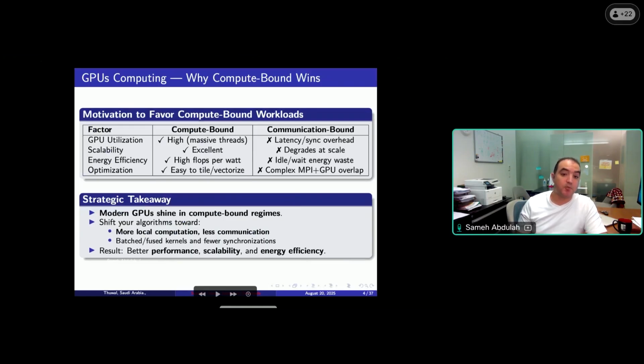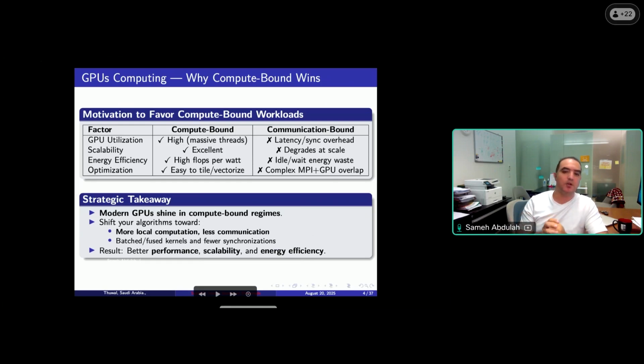So for example, this is the recent Intel CPU, Granite Rapids, with just 2 teraflops per second and memory bandwidth 300 gigabytes per second. So the key insight here is that GPUs are providing massively higher flops and memory bandwidth.